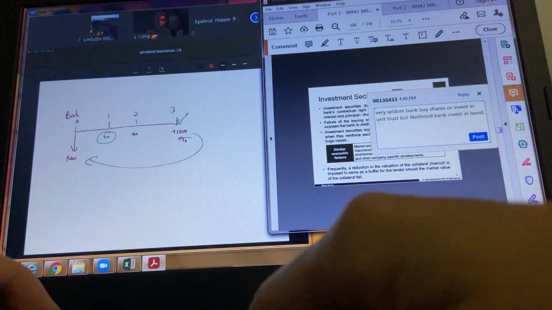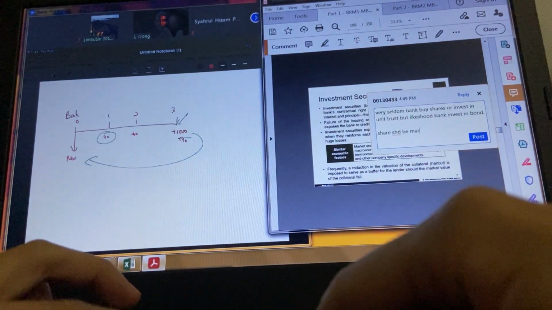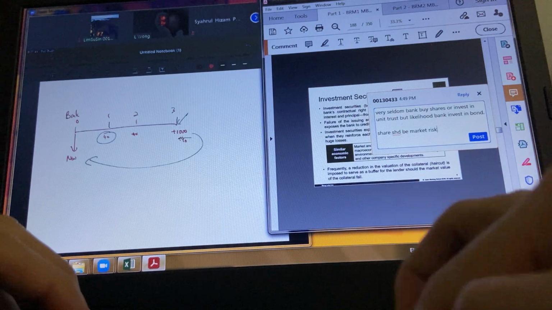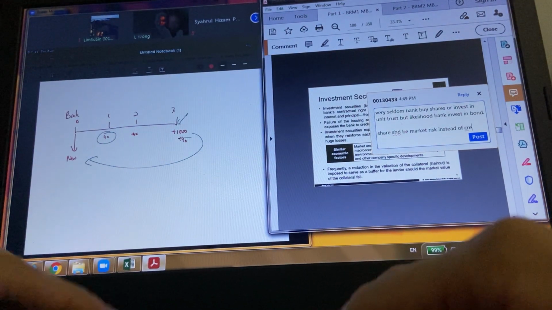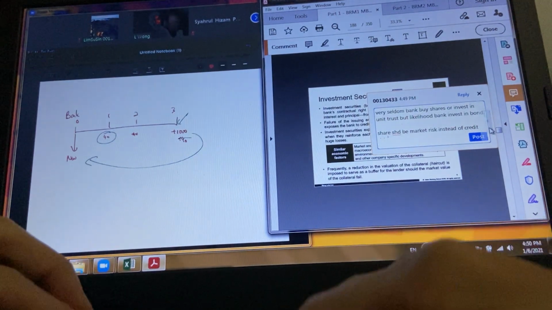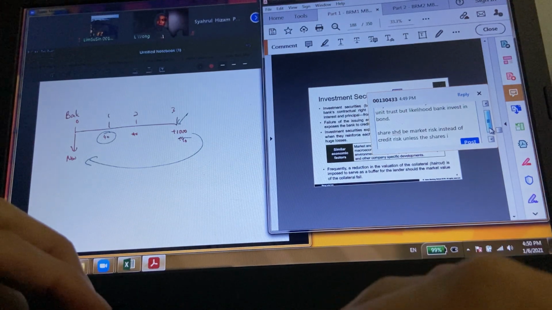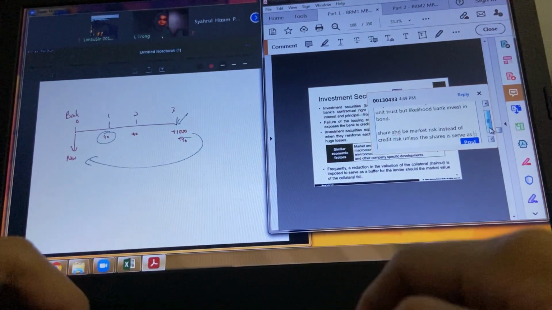However, there is a credit risk if, for example, the customer uses the shares as a form of collateral. If we lend money and the company gives us shares as collateral, and the customer defaults, we sell off the shares.